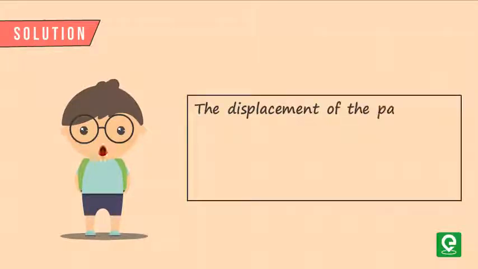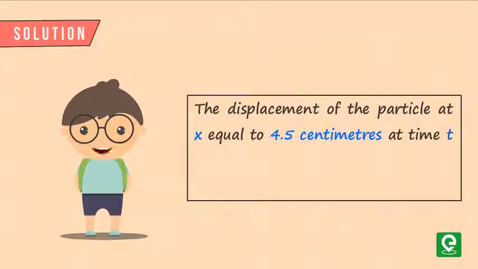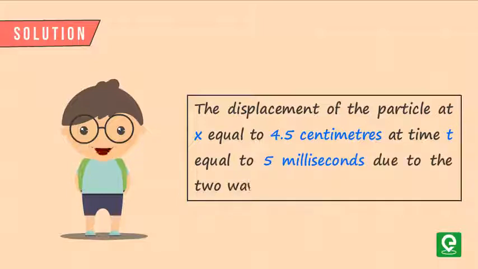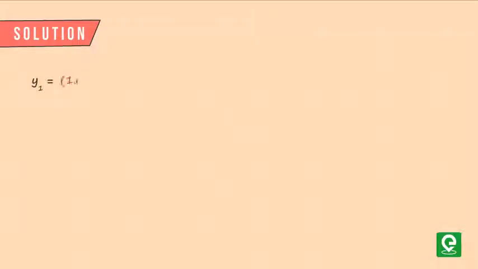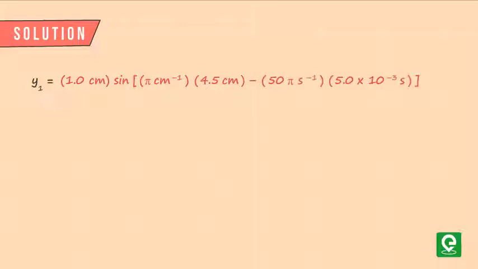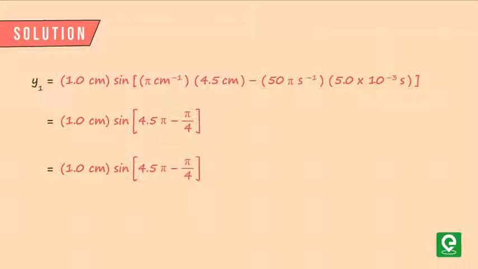The displacement of the particle at x equal to 4.5 centimeters at time t equal to 5 milliseconds due to the two waves are y1 equal to 1 sin(π × 4.5 − 50π × 5 × 10^−3), which is equal to 1 centimeter into sin(4.5π − π/4). On solving this, we get y1 equal to −1/√2 centimeters.